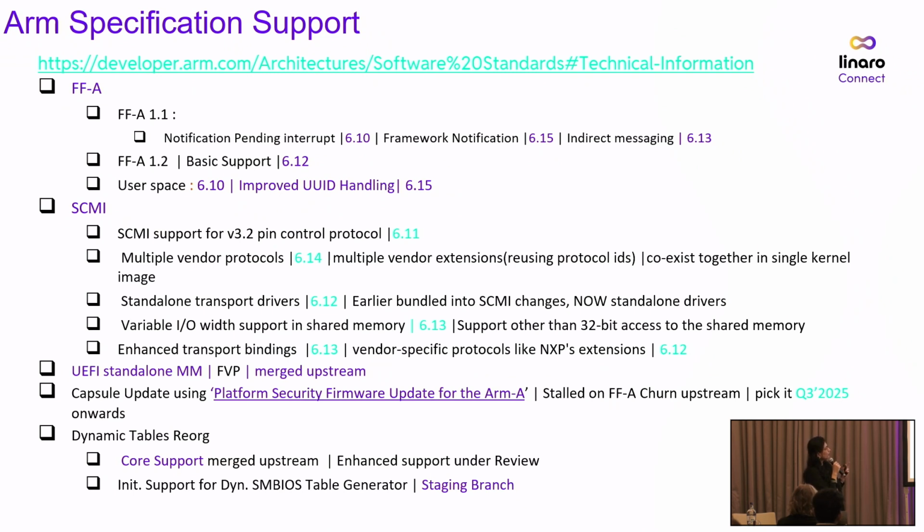Then we have a few kernel merges for SCMI. UEFI standalone MM got merged upstream. Capsule update has been stalled because of FF-A churn, so we will pick this up in this quarter. And then dynamic tables, reorg, core support got merged upstream. We have a staging branch for the dynamic SMBIOS table generator.